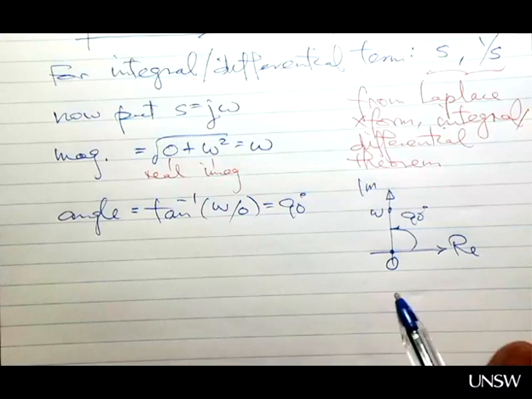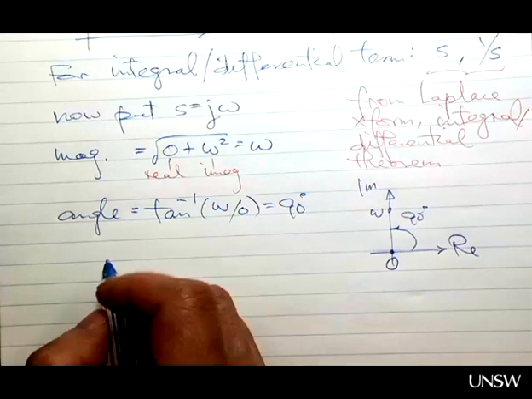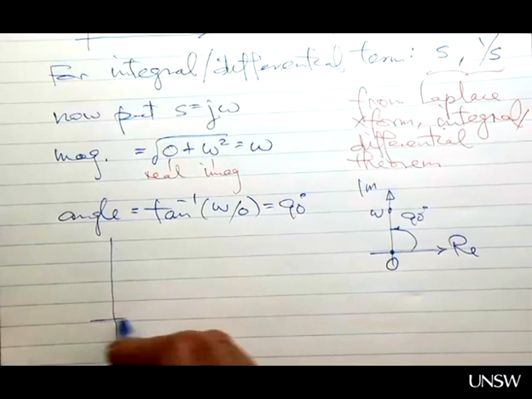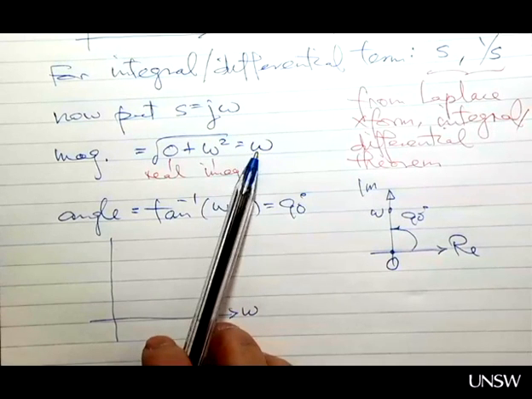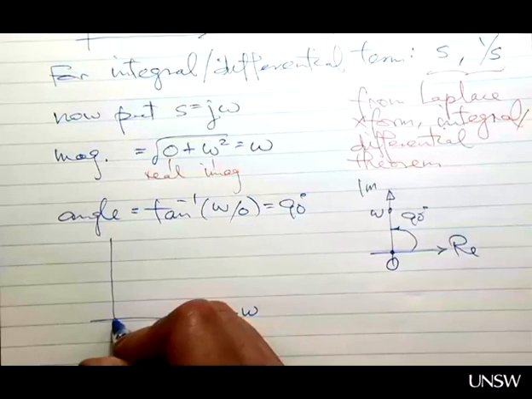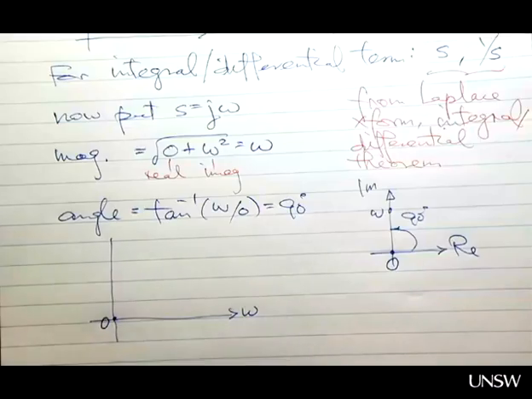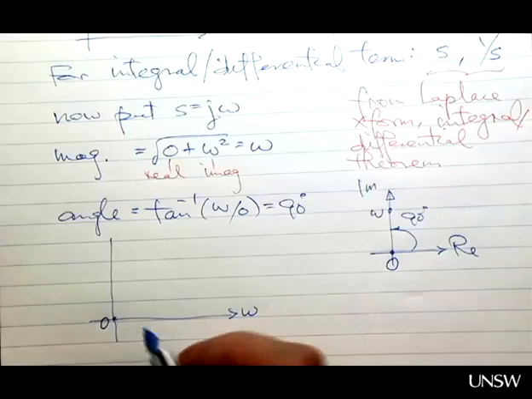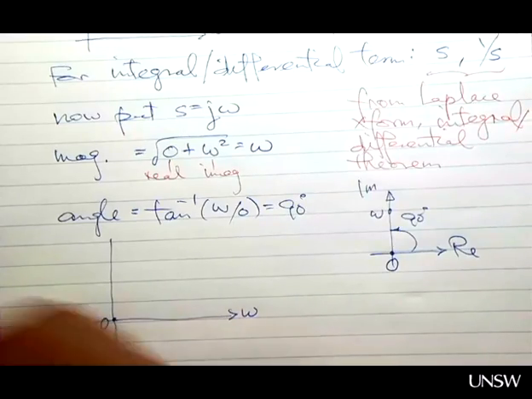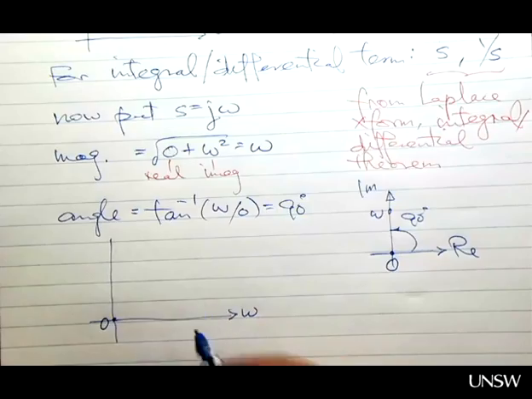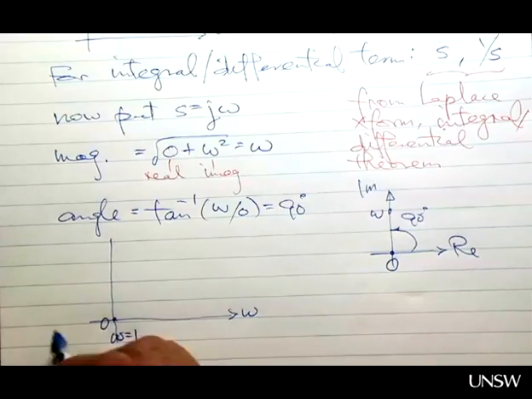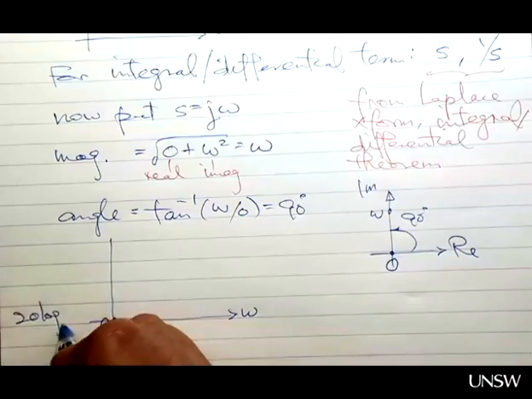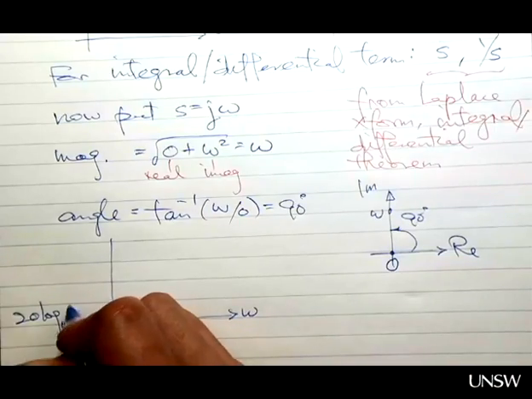So for the magnitude, here the magnitude is equal to omega. When omega is 0, then the magnitude is 0. And then omega equals 1 here, so we have 20 log 10 of 1, so it is 0 decibel.